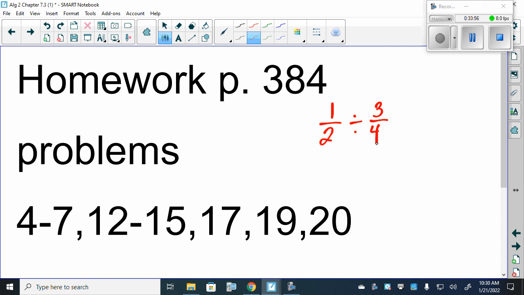What would we do? Well, we don't do division, we change it from division to multiplication and flip the second and then multiply. And we'll do the exact same thing with these here.